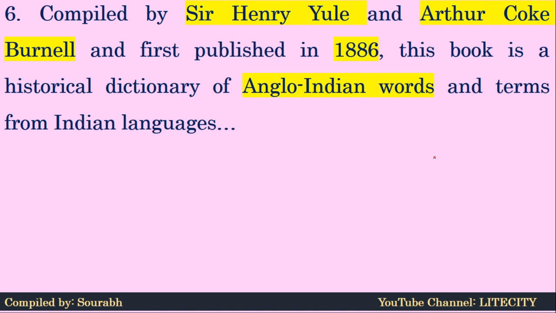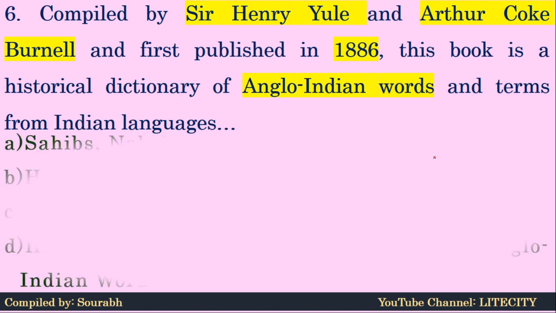It is written by Sir Henry Yule and Arthur Coke Burnell and first published in 1886. This book is a historical dictionary of Anglo-Indian words. Anglo-Indian words were basically Indian words that were later assimilated into English vocab, terms from Indian languages.